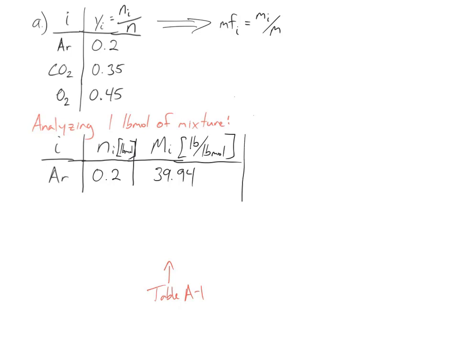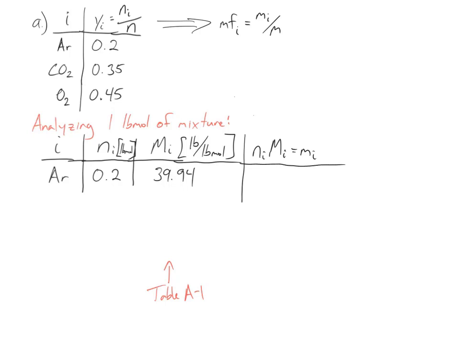All right, so what do we have now? If we take the number of moles that we have of argon and we multiply it by the molecular weight, what do we get? We get pound moles times pounds per pound mole, so we're going to end up with just pounds. So what we end up getting is the component mass of argon in our mixture.